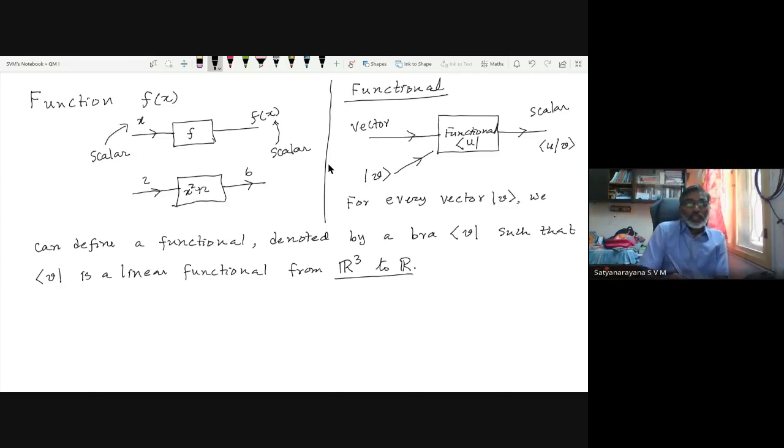That means I take this v, and u v is in R for all u in R3.